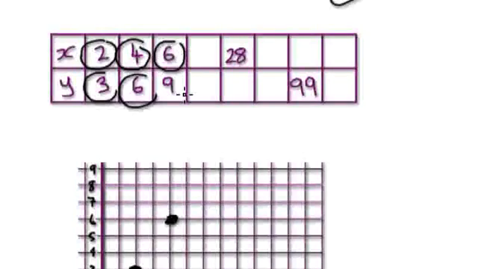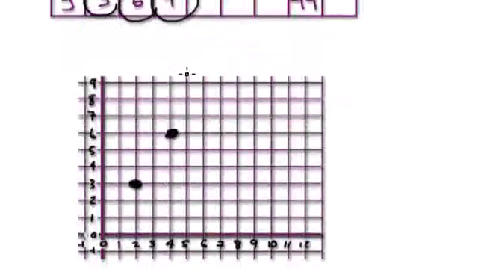When x is 6, y is 9, so here. As it turns out, it actually forms a straight line.